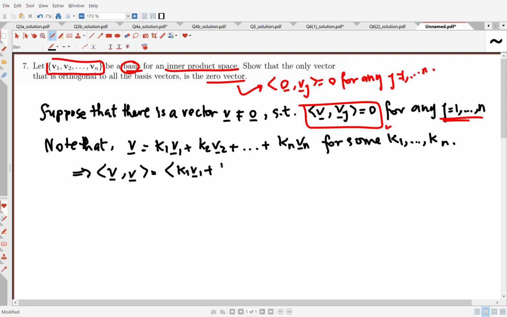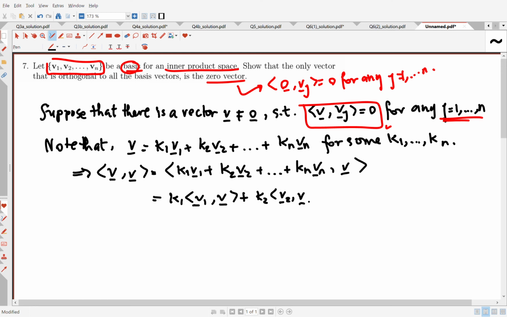Okay, so we have the inner product of v with k1 v1 plus k2 v2 plus and so on until kn vn, and we see that this will be k1 times the inner product of v1 and v, plus k2 times the inner product of v2 and v, plus and so on until kn times the inner product of vn and v.